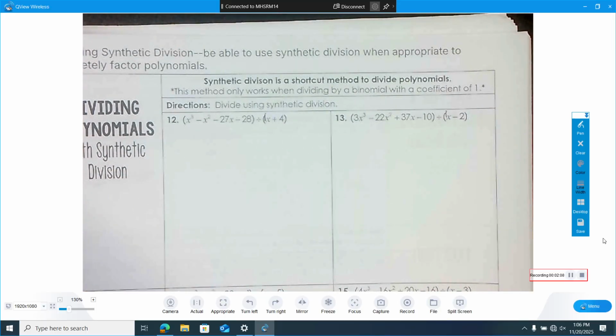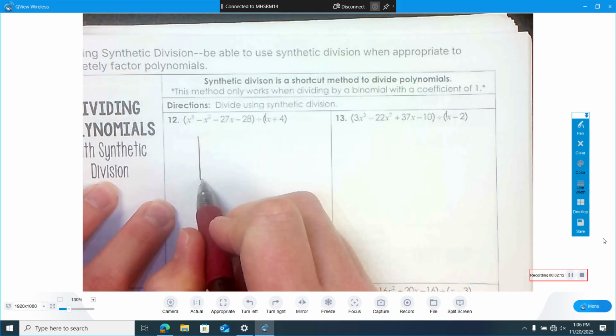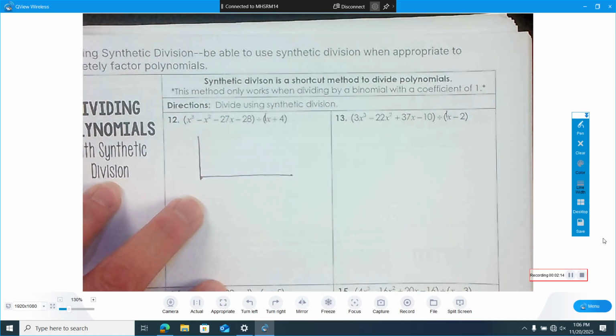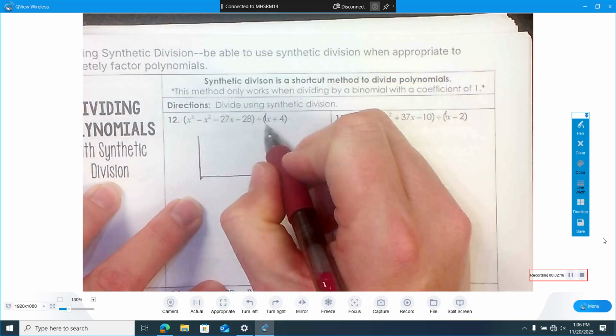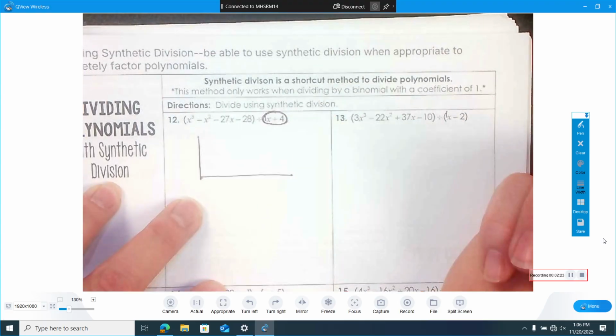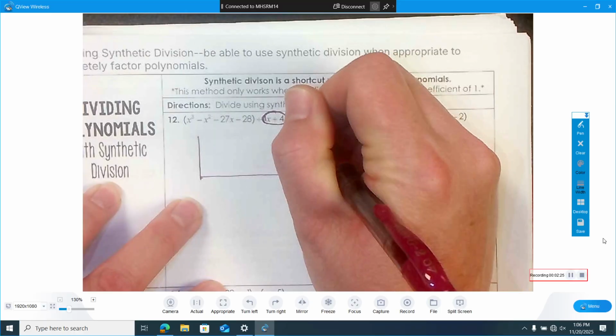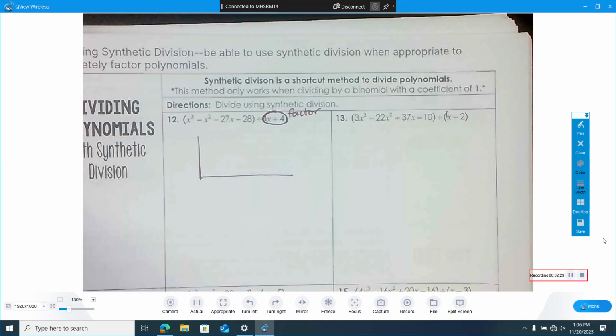So the method for synthetic division, which I hope you all know, but maybe you don't, and that's okay. For synthetic division, we always start with a box. What we're dividing by is the divisor, the factor. It's in bubble form: the bubble x plus 4.